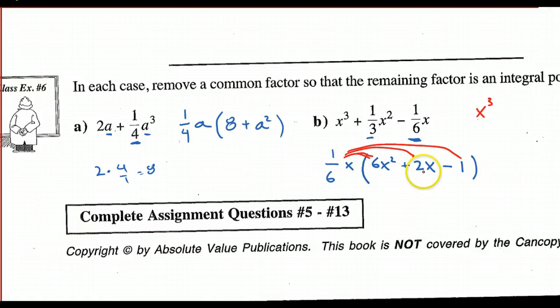The second one is 1 over 6x plus 2x, which is plus 2 over 6x squared, and that simplifies to 1/3, so that's correct. And the last one is minus 1/6x, so that one is correct. Okay, so there we go.